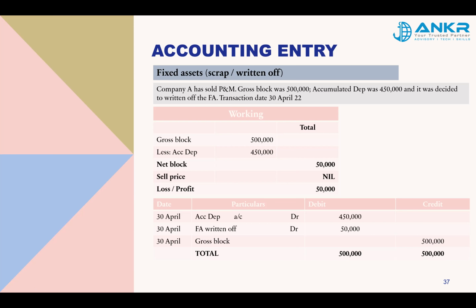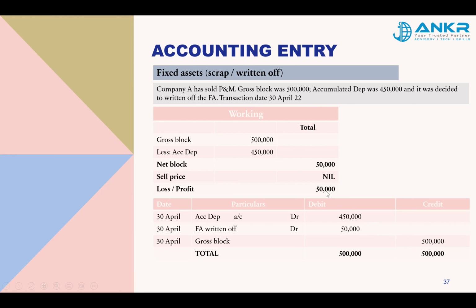So what will be the situation? Sale price is nil, zero. So what will be the loss or profit? There cannot be profit because the net book value is 50,000. Now you are valuing it at zero. So it's a loss to you, right? So again, the entry is accumulated depreciation account debit 4 lakh 50,000 rupees, gross block credit 5 lakh rupees, right?